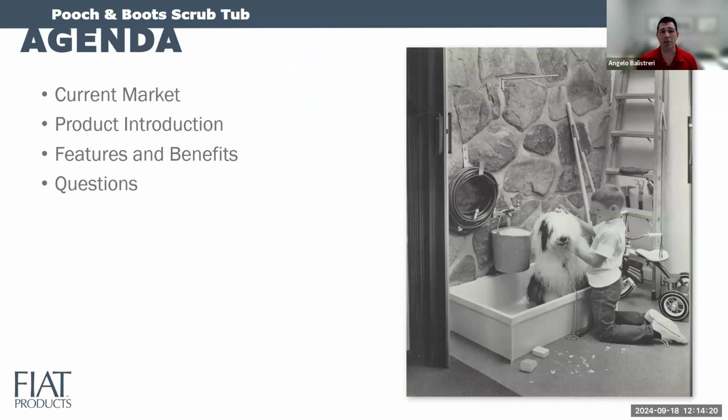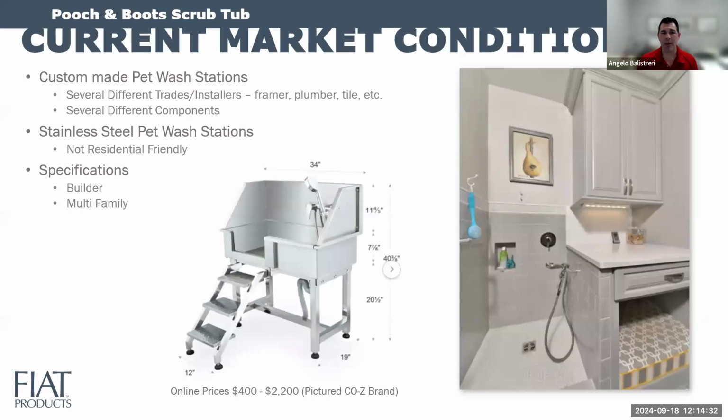So with the Pooch and Boots Scrub Tub, we're going to talk about what's available today, what we're offering now, and some of the features and benefits that come from this new offering that you'll see.